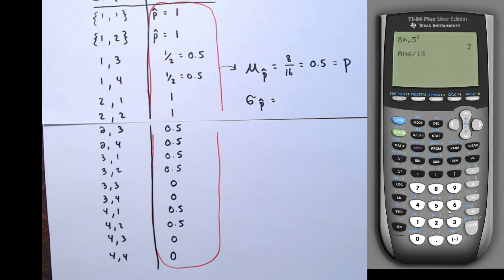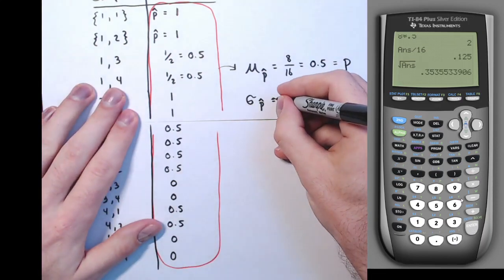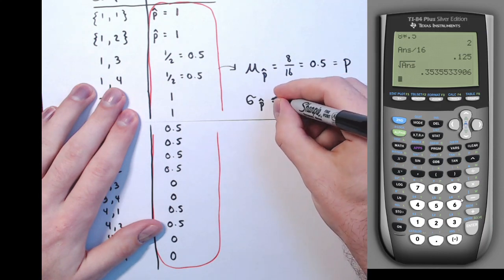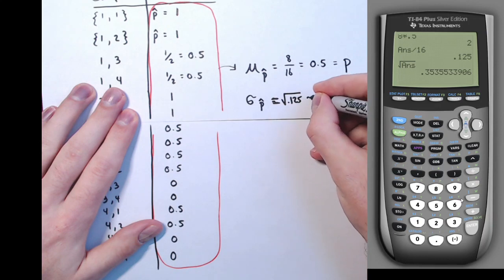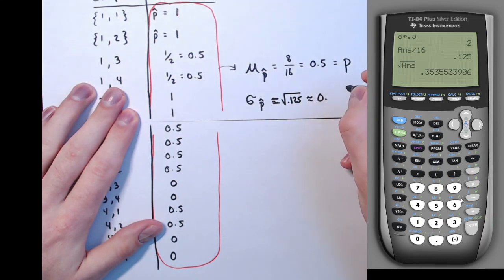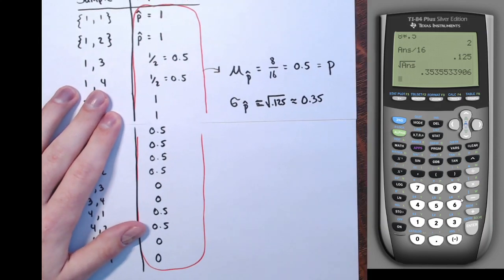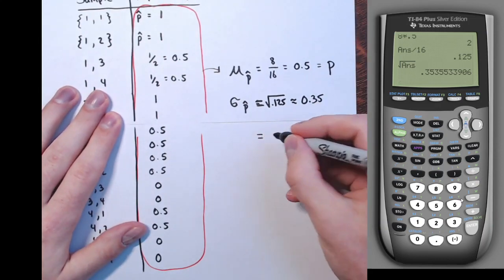So I divide this by 16, and there's the variance, and then I would take the square root of this, and we're getting approximately... So again, this is the square root of 0.125, which is approximately 0.35. Let's say 0.35. Okay.